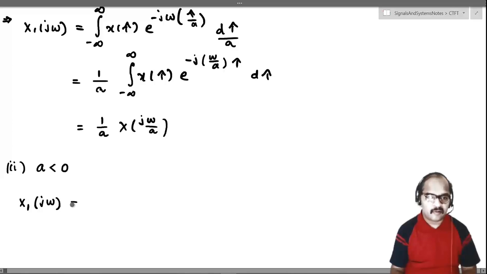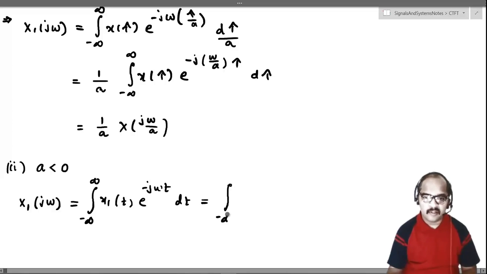Again x1 of j omega would be equal to integral minus infinity to infinity x1 of t e power minus j omega t dt, which is equal to integral minus infinity to infinity x of at e power minus j omega t dt.